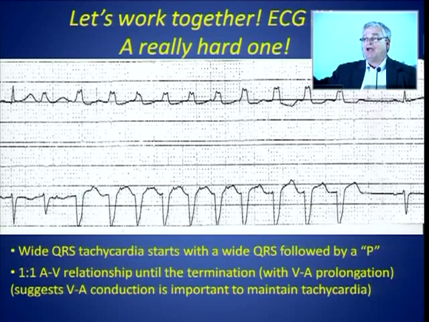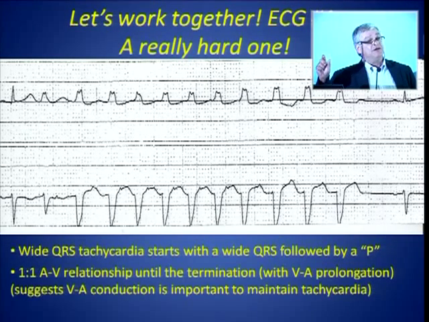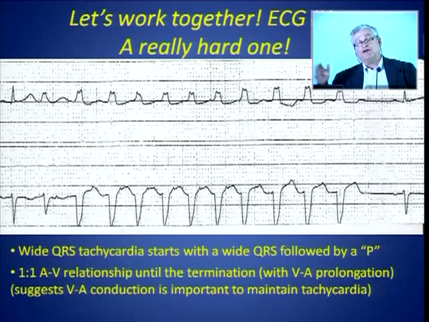It may be relevant to the tachycardia because when the VA prolongs, the cycle length of tachycardia prolongs. So it suggests that that interval may be important. So now I've come up with a hypothesis that there is VA conduction and that the VA conduction is actually part of the circuit. Okay, well that's interesting.